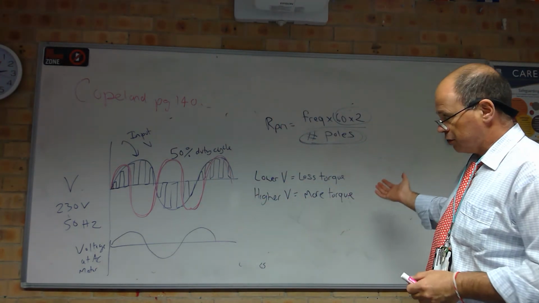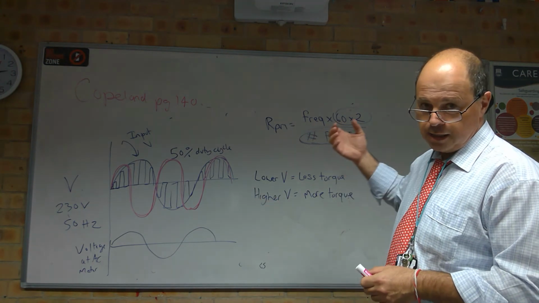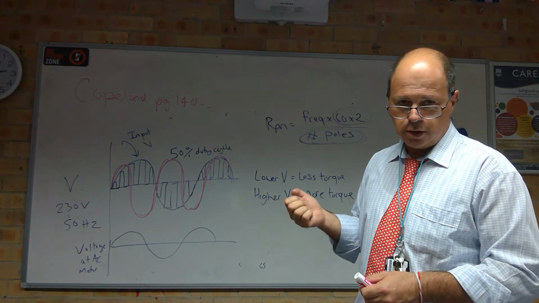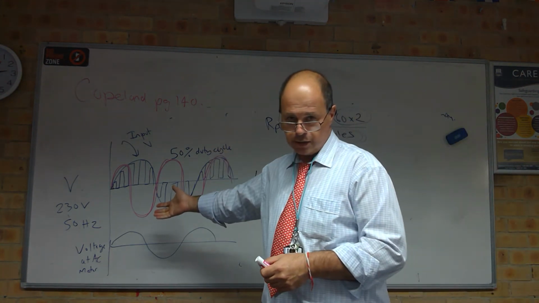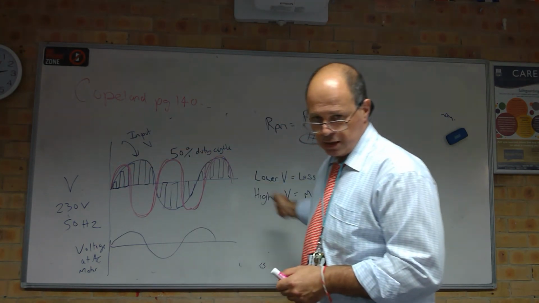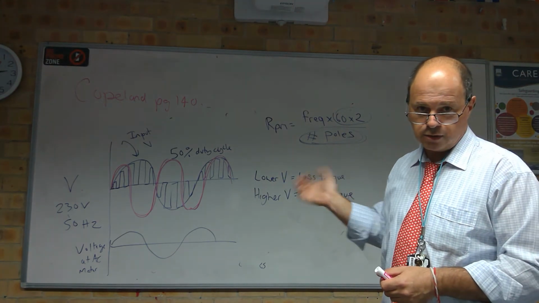So higher frequency, we're going to have a faster RPM. Lower voltage, we're going to have a lower torque. So if we want to go low torque, low speed, we lower the frequency and we lower the duty cycle. If we want to speed it up, we increase the duty cycle and we increase the frequency.